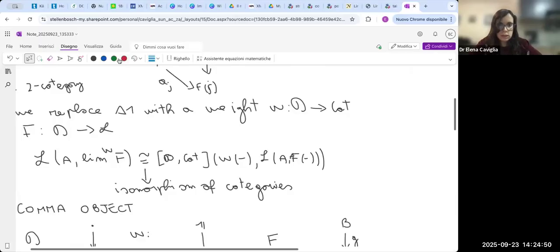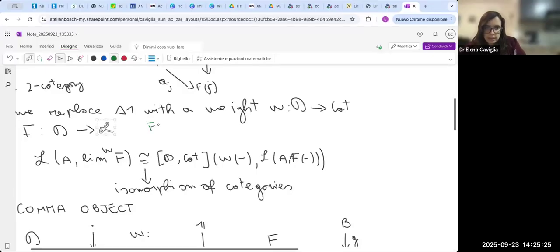Remember here we had this isomorphism of categories between these two categories, and this category on the right is a category of natural transformations. So what happens for bicategories? We want to weaken both these conditions.